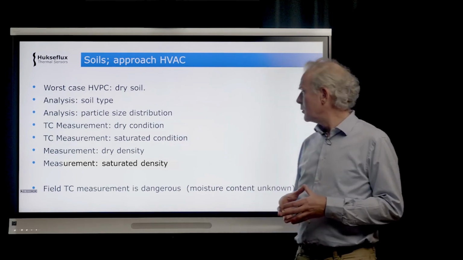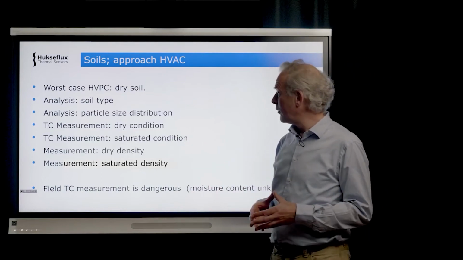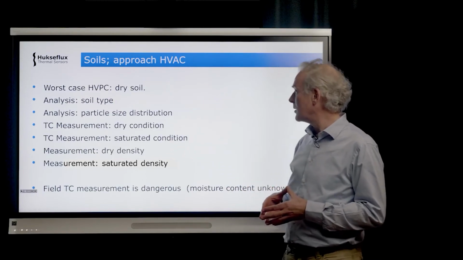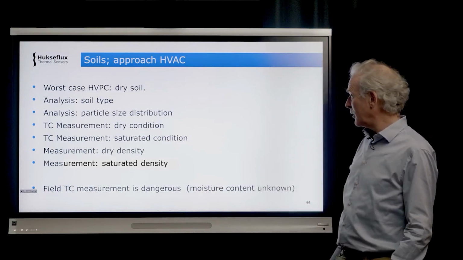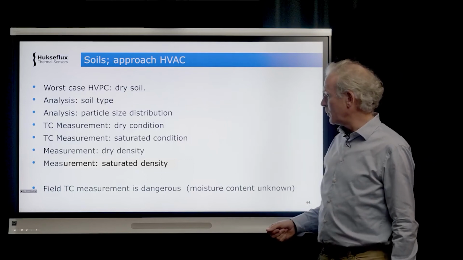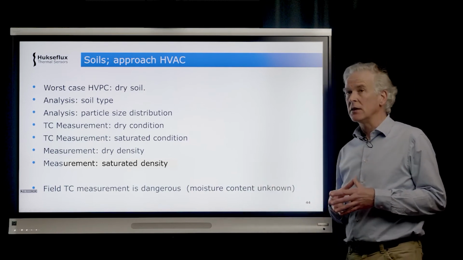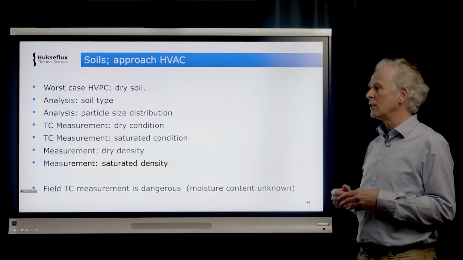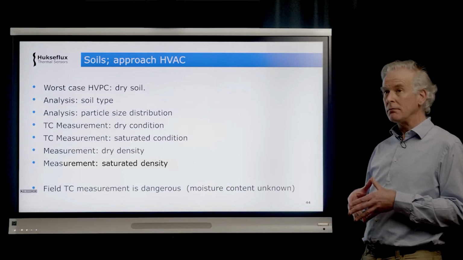Also useful to keep a record of the dry density of the soil, or the density at which you perform the measurement. And of course, dry density and saturated density are valuable pieces of information. So this is typically possible in conditions in the laboratory. What you should also realize is that if you perform a measurement in the field, in many ways that's a dangerous measurement, because you have no control over the moisture in the soil.